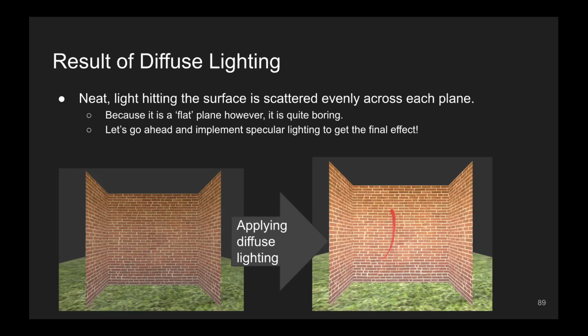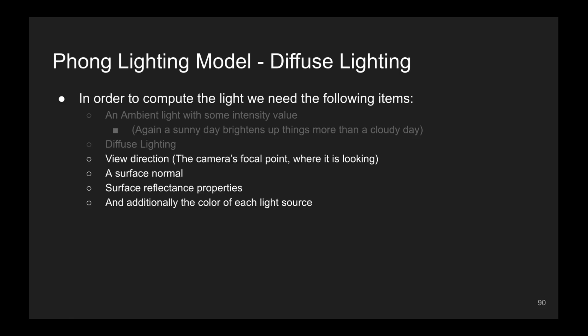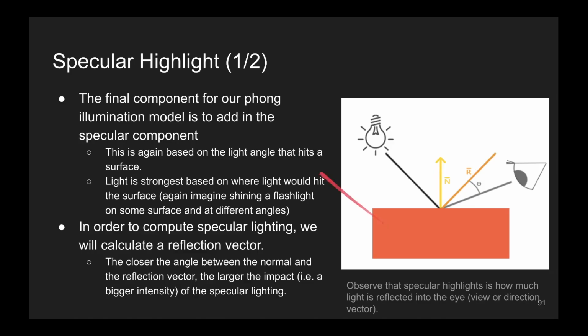Okay, now this is a little bit of a boring scene, so we've got to add one more thing to get our final effect, and that would be the specular lighting. In order to compute our specular light, let's talk a little bit about the specular highlight. This is how much light shines back at you from the light source, okay?